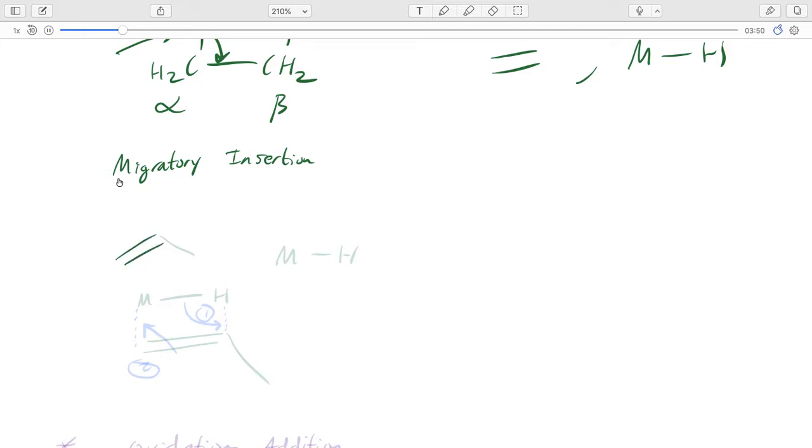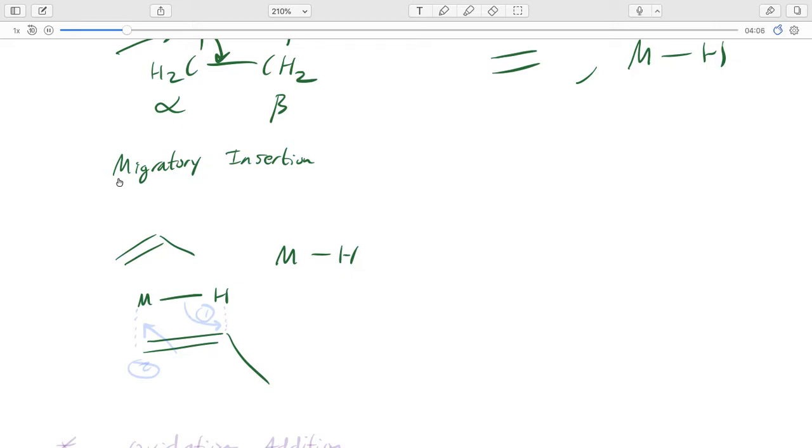So I'll take, say, this just to make it look a little bit different, plus the metal and hydrogen. So we've got to line up the metal with the hydrogen.